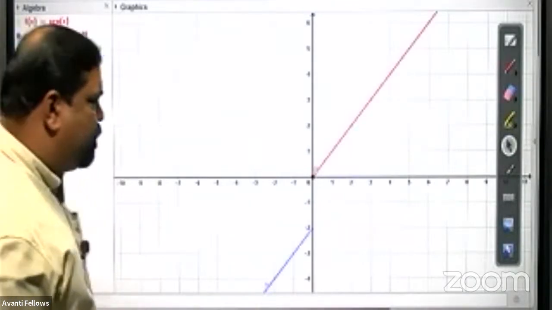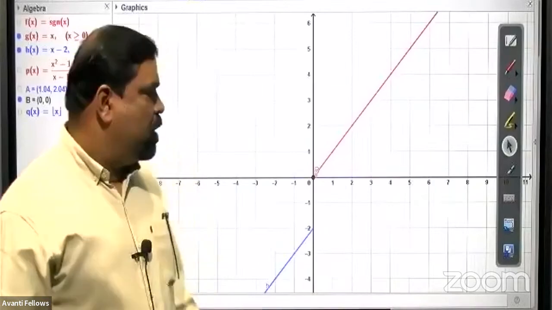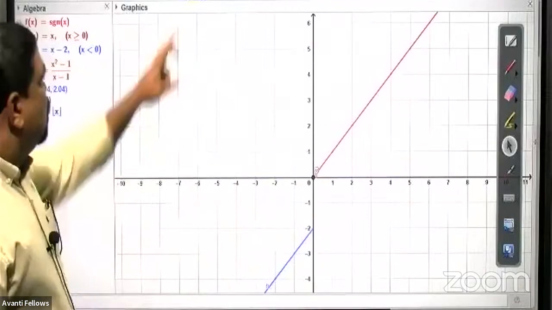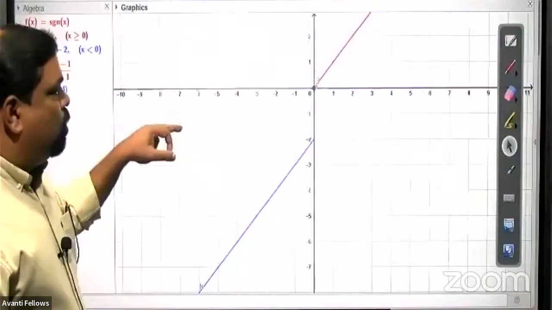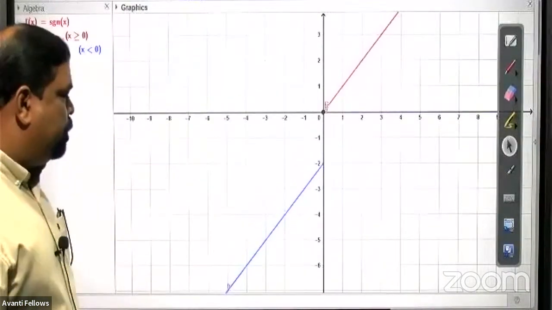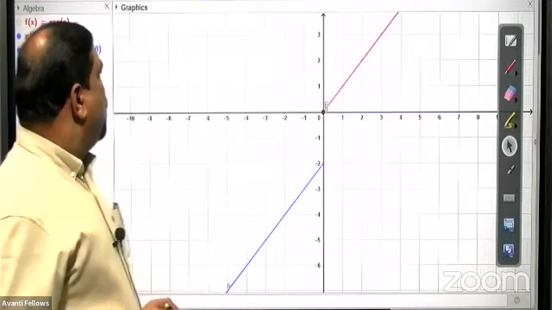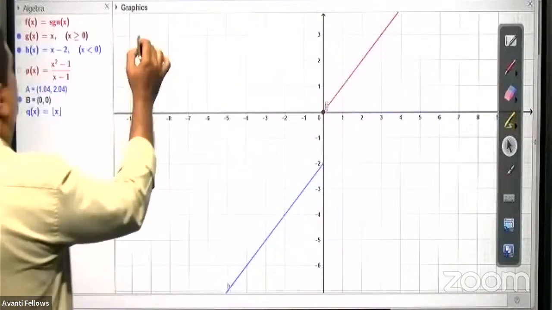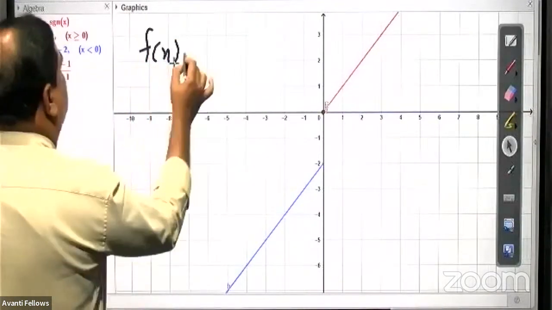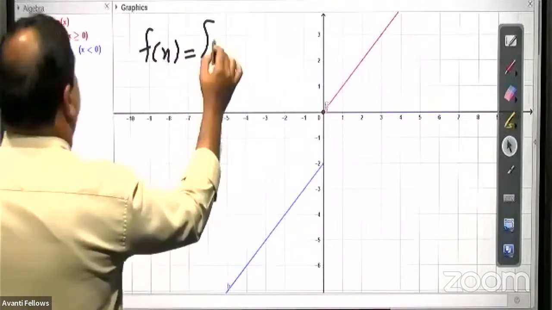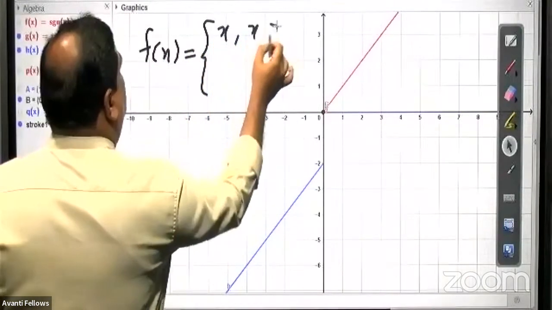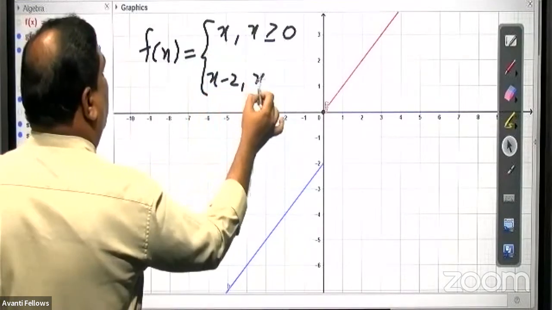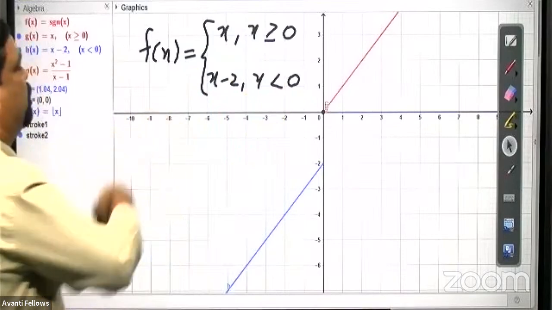Now you observe this graph. I hope that the graph is visible to all of you. So this is the graph of the function f of x equal to x if x is greater than or equal to 0, and x minus 2 if x is less than 0.